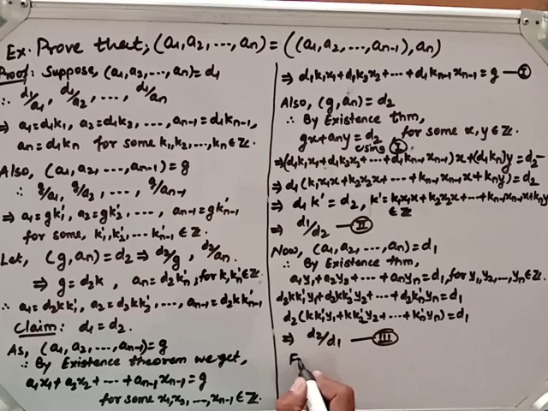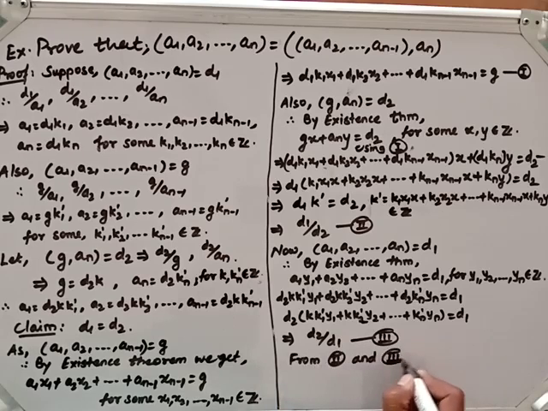So from 2 and 3, I get d1 equal to d2. As they are GCDs, both are positive. Actually we get d1 equal to plus minus d2, but it won't be negative, so d1 equal to d2.